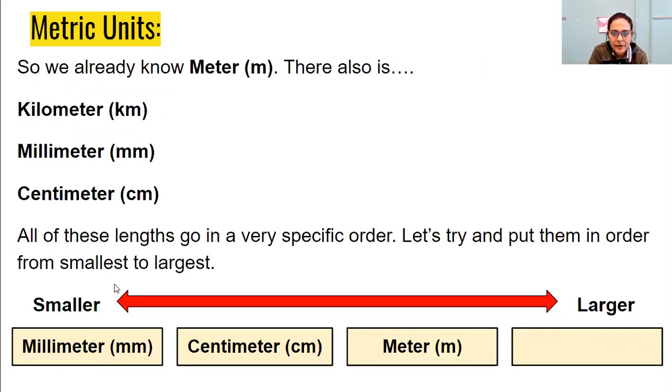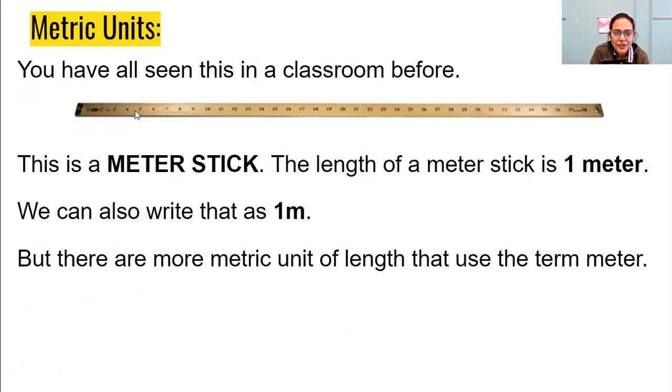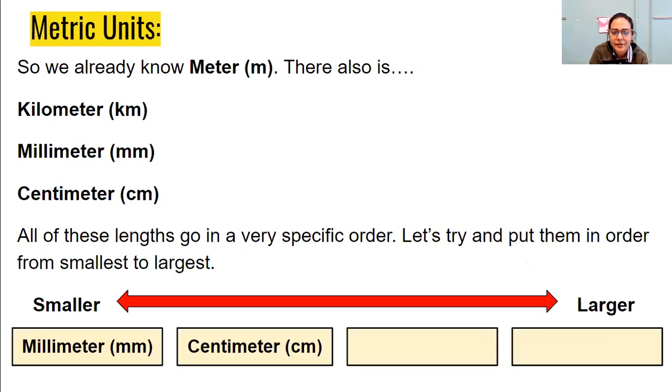So remember what a meter is. If you have 1,000 of these, that's 1 kilometer. A centimeter is smaller than 1 meter.